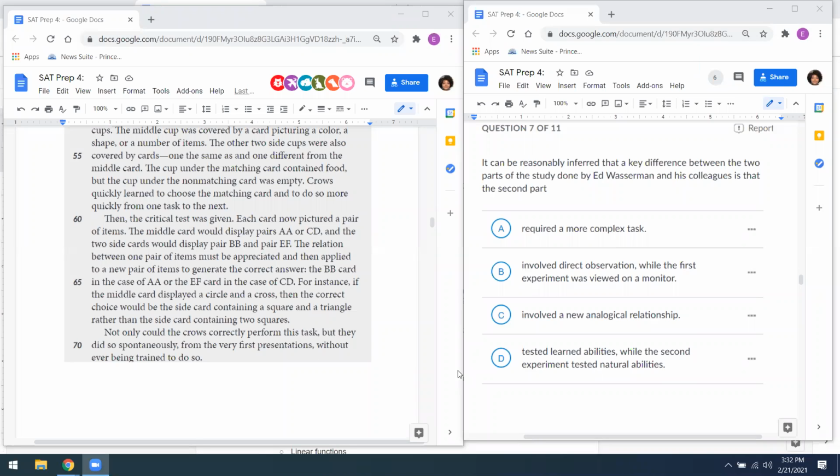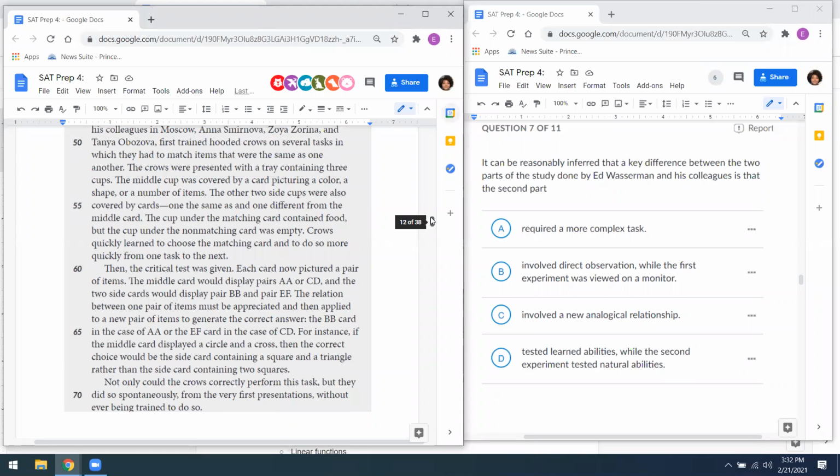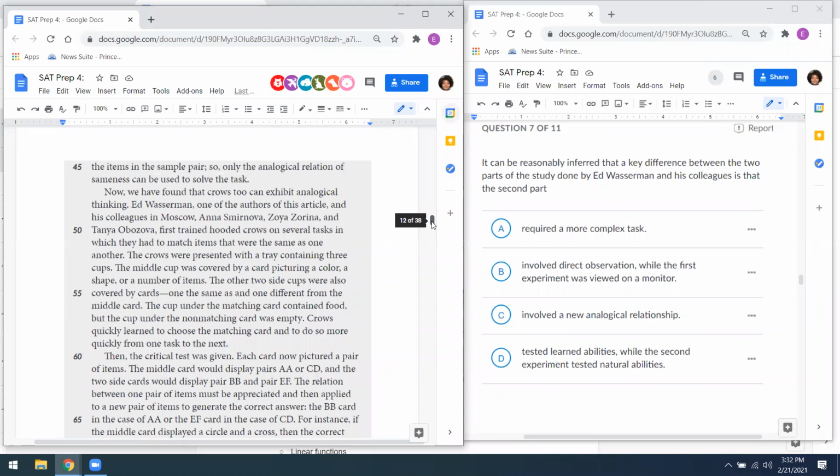So I was looking back at lines 47 through, but yeah, just starting from line 47.